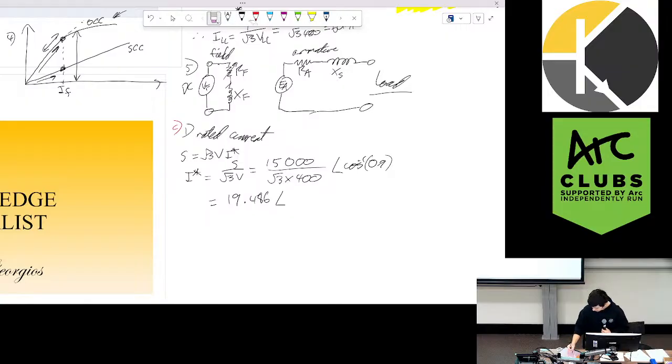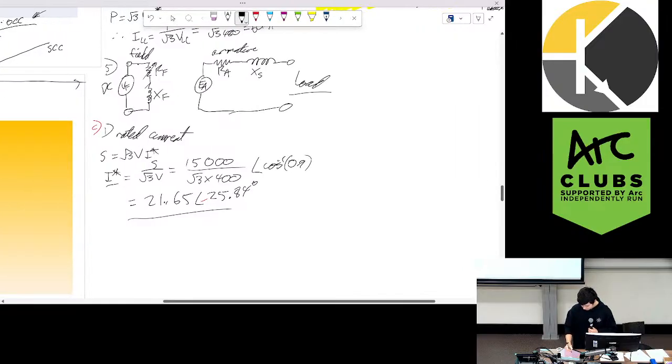Oh, damn it, my calculator is set to rectangular. That's more like it. 21.65, angle 25.84 degrees. Recall that this is the conjugate of the current, so we would just need to flip the angle. And now we go ahead.